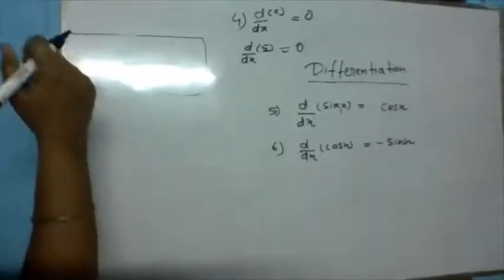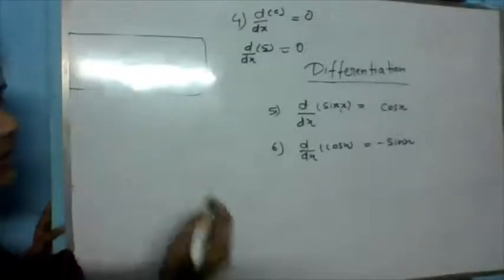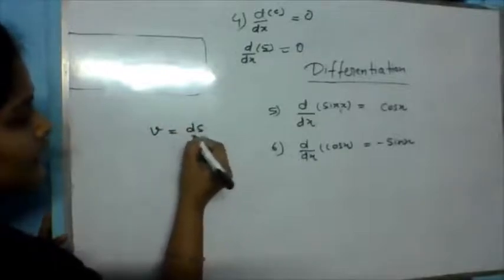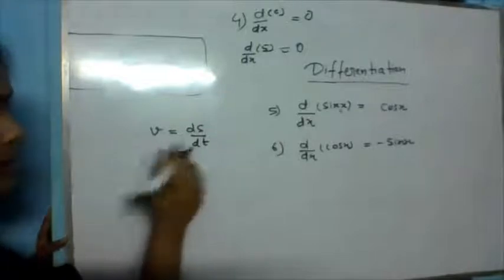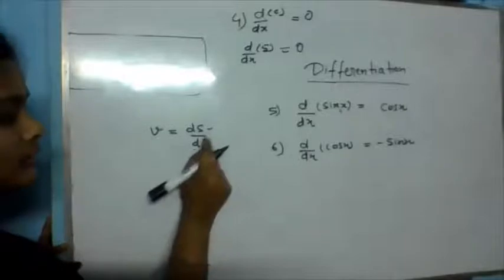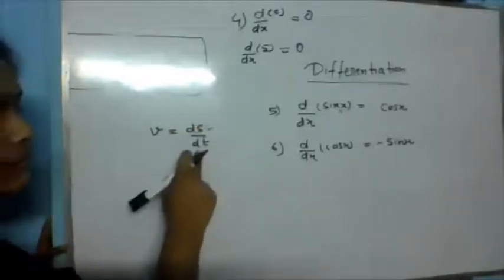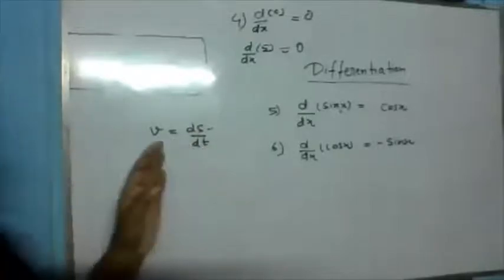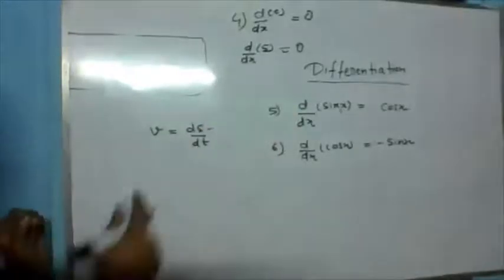See, by the instantaneous velocity, we know that ds upon dt equals velocity, where s is the displacement. Here we can see that this is the change in displacement with respect to time, and now I'm applying differentiation on the displacement.